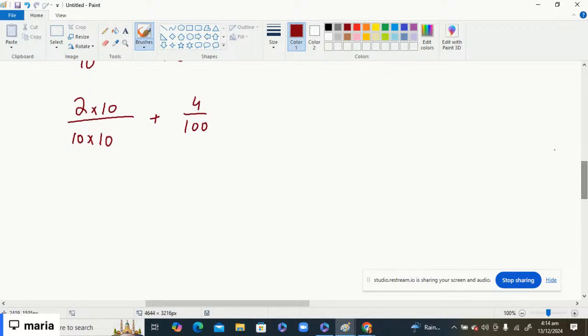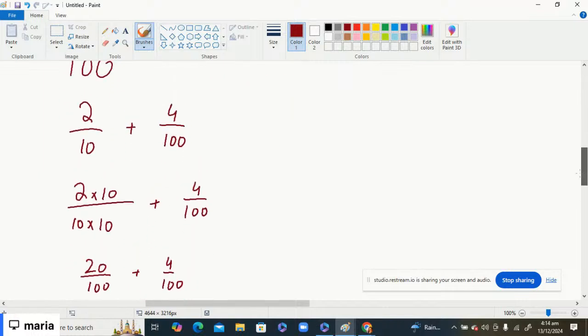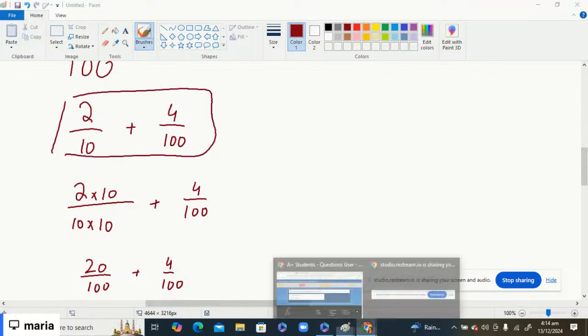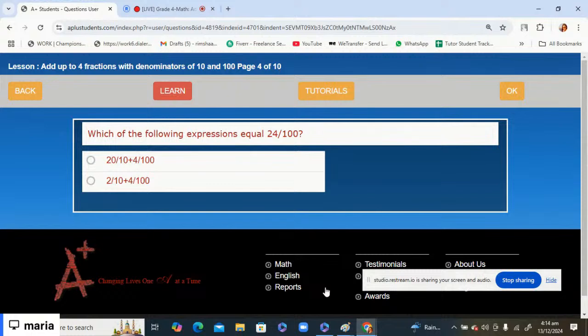Then 20 over 100 plus 4 over 100. When you solve 20 plus 4, this is 24 over 100. So what is the answer that you get? This one, 2 by 10 and 4 by 100.